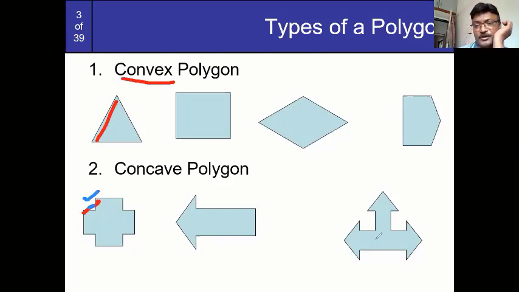For this you have to consider over here and here, and then I join the line. Some part of the line is outside the polygon, so which type of polygon is this? Concave. Now this is the way that you can check convex and concave polygons.